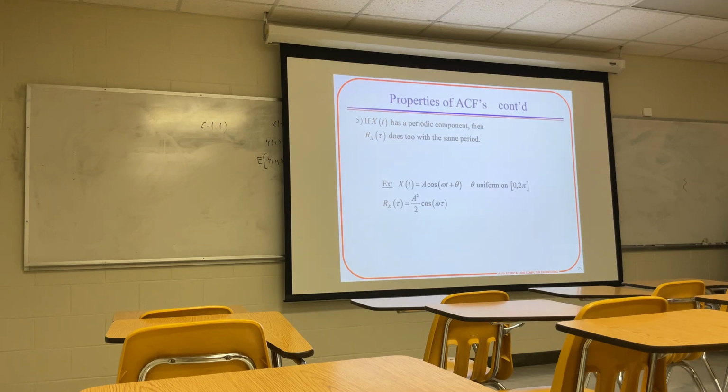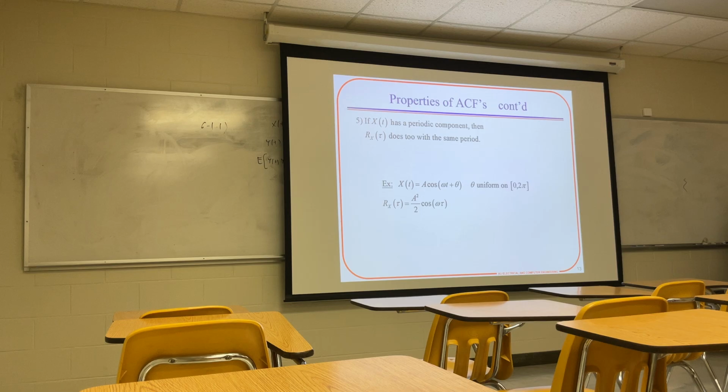Now, if x of t has a periodic component, and the best example is the sine or cosine of omega t, like x of t is a cosine of omega t, then the autocorrelation will have periodic components. It's that simple. And he gives you x of t equals cosine of omega t plus theta, if theta is uniform from 0 to 2 pi, that's the autocorrelation.